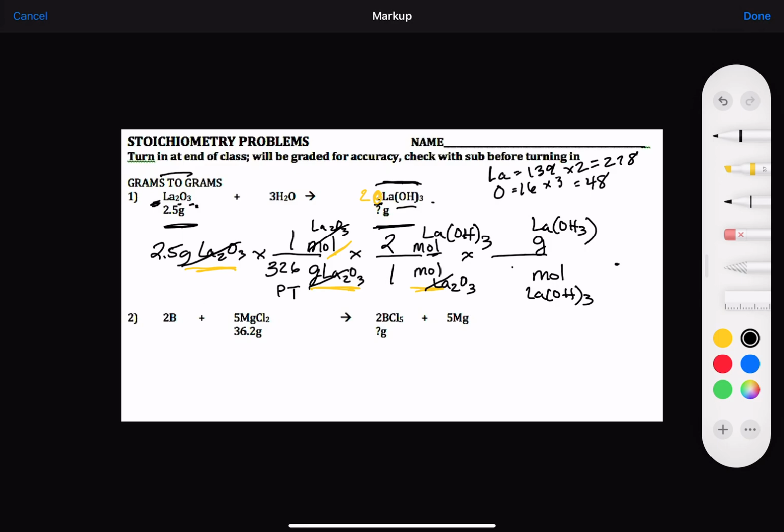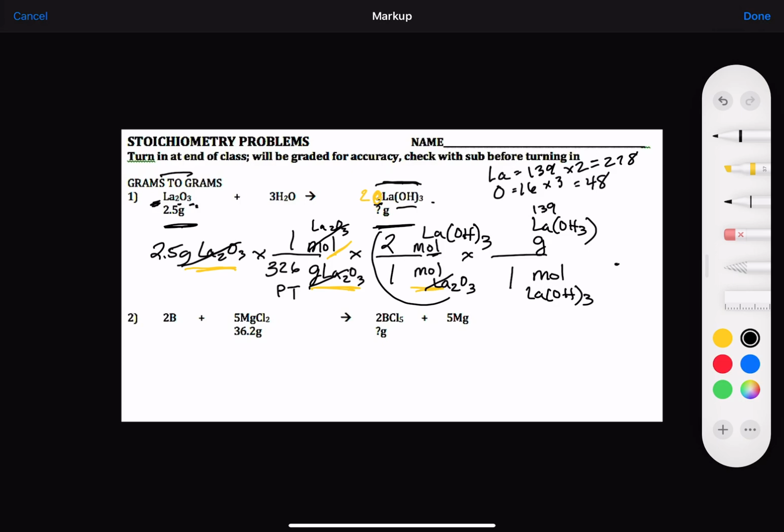So 1 mole of lanthanum hydroxide, because these are all going to be 1s unless you're at this step right here, which is a mole to mole ratio, which is coefficient. So this, remember, like the denominator equals the numerator equals denominator. So if you have 1 mole of lanthanum hydroxide, that's the mass of lanthanum hydroxide right there. So again, we have to add these up. We already found the mass of lanthanum. There's only 1 of them this time, so 139.